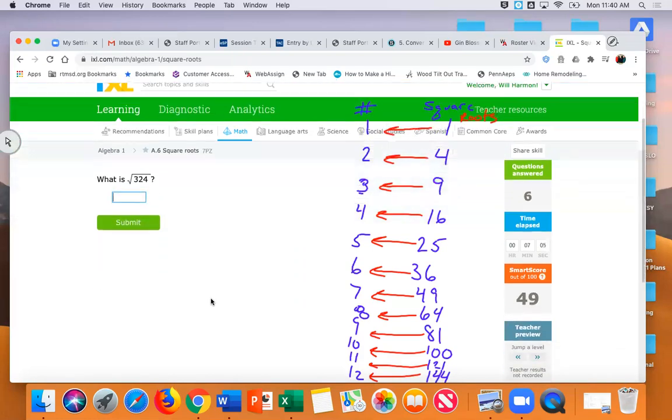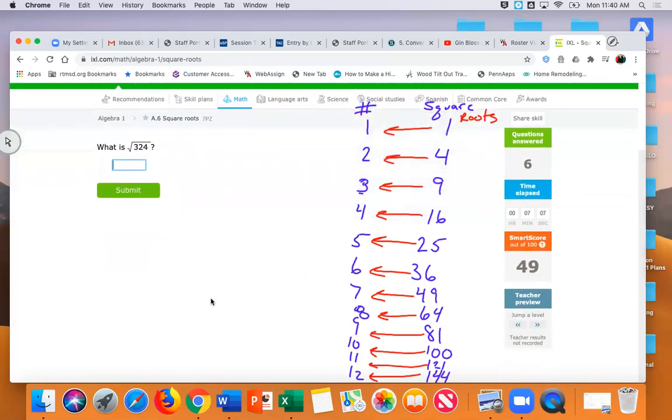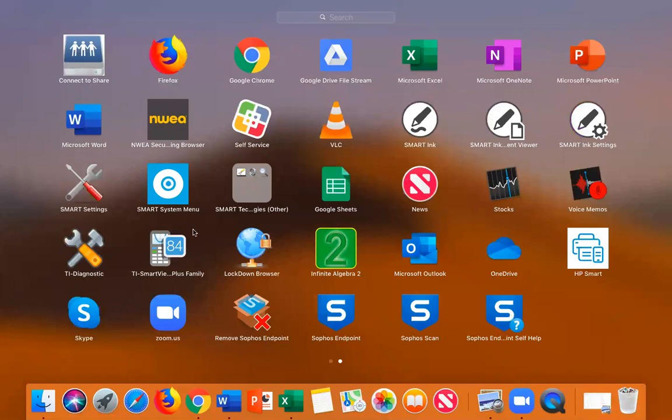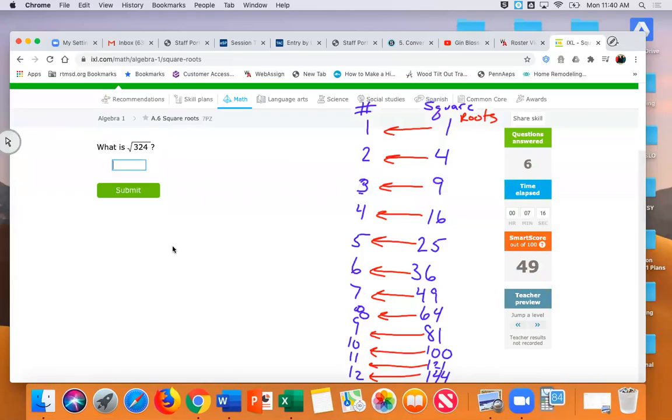All right, now, what do we do when we get to the square root of 324? Well, here, we take our calculator.